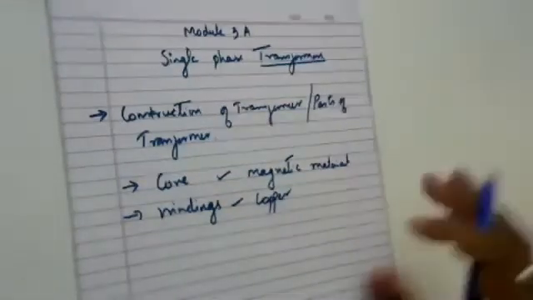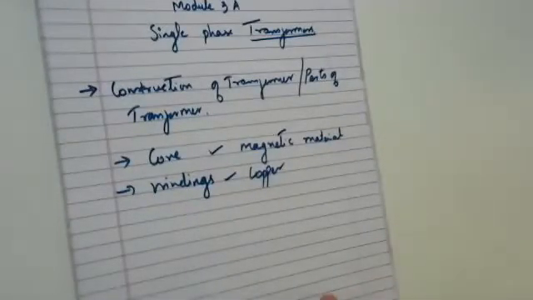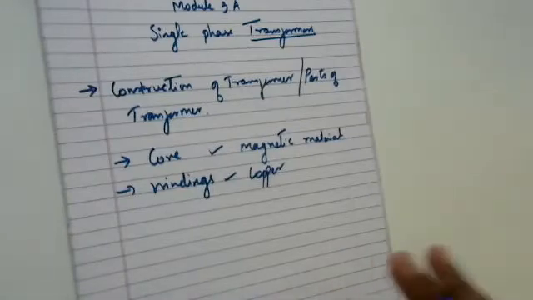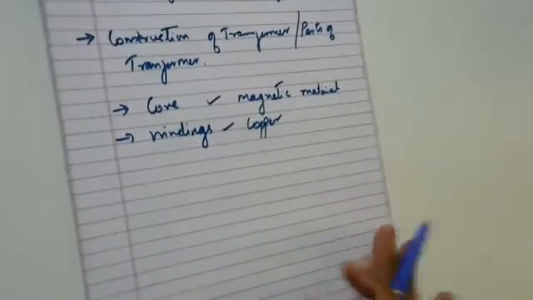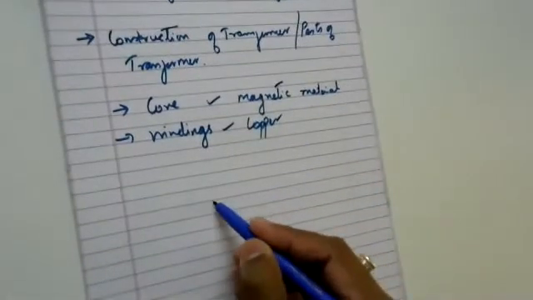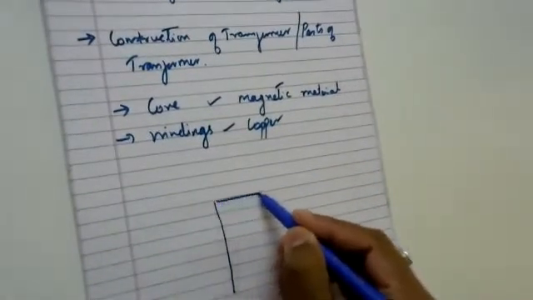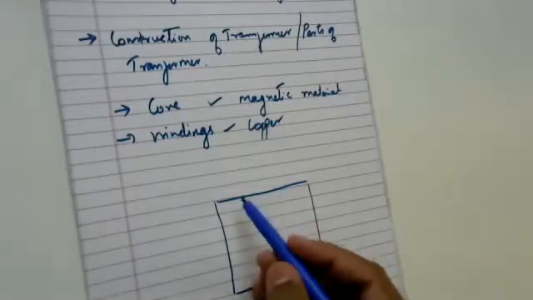Now let me show you how we show this transformer, not in a symbolic form, but in terms of its structure. In order to show it, I can draw its front view like a square box.